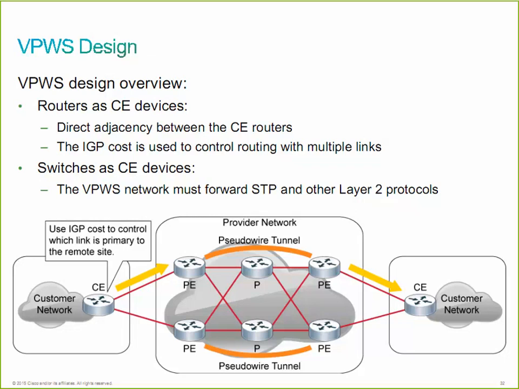But if the PE router is operating in VLAN mode, we have to configure multiple sub-interfaces on the PE side, because each sub-interface then gets connected to a different remote site.